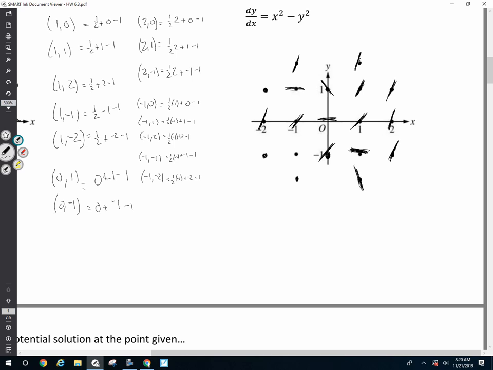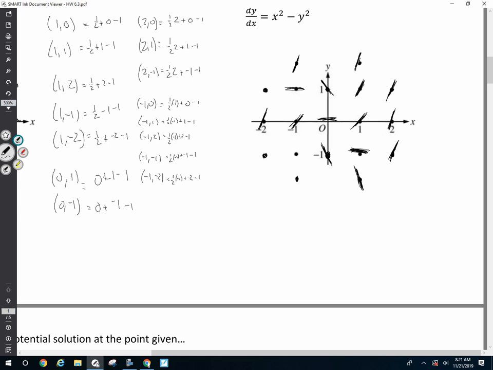Hope I'm doing this right. 0 minus 1. Yeah, I don't think I did this one right. 0 minus 1 should be negative 1. Negative 1, 0. That's going to be different. That'll be 1 minus 0.